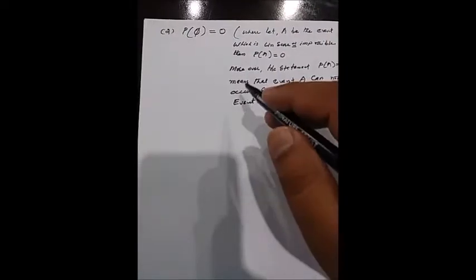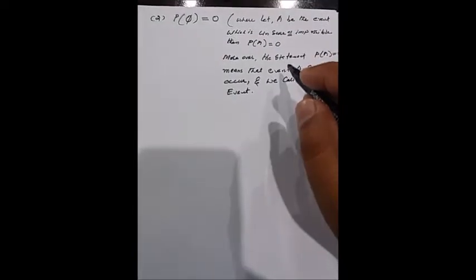So you can see that the probability of the null set is always 0. When this happens, the probability of event A will always be equal to 0. This is the second essential property.